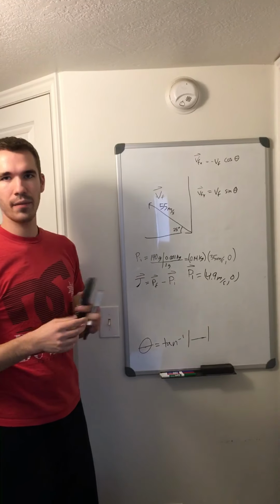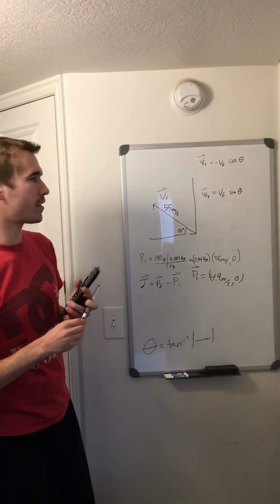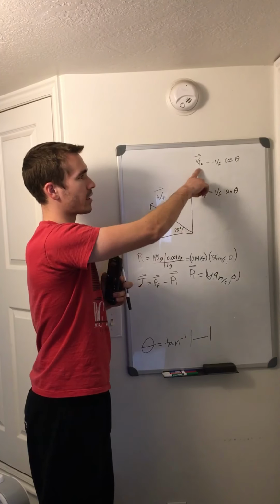To do that, we can use cosine and sine in order to get our desired x and y components. We enter it into this equation here, and this will be for our x component.